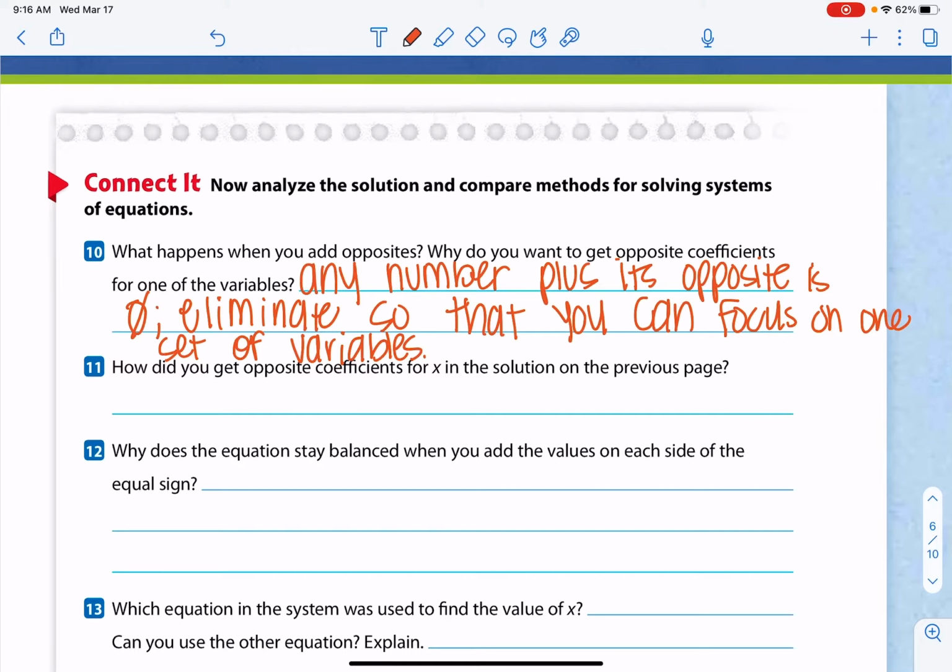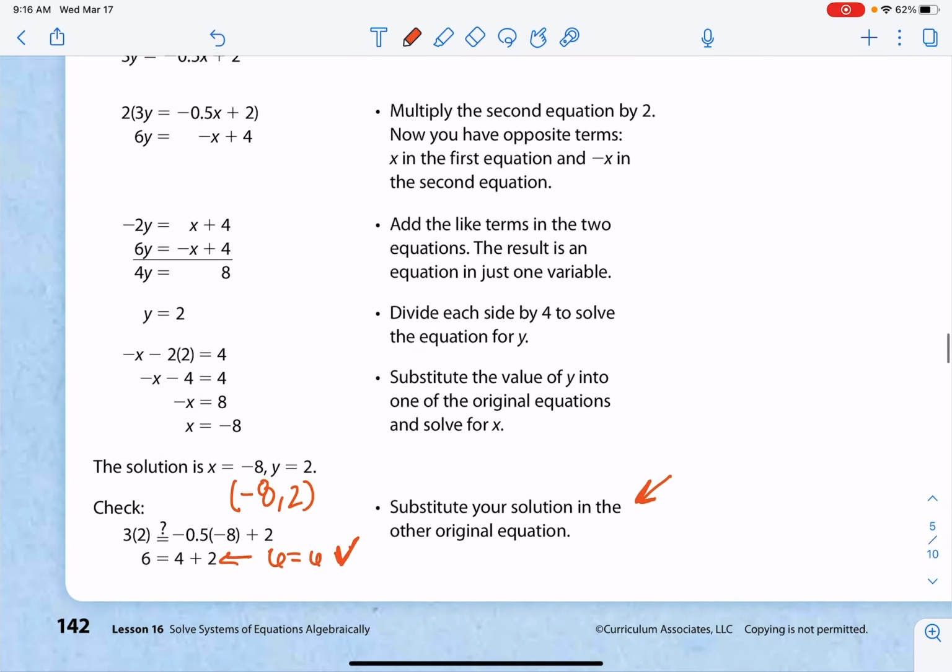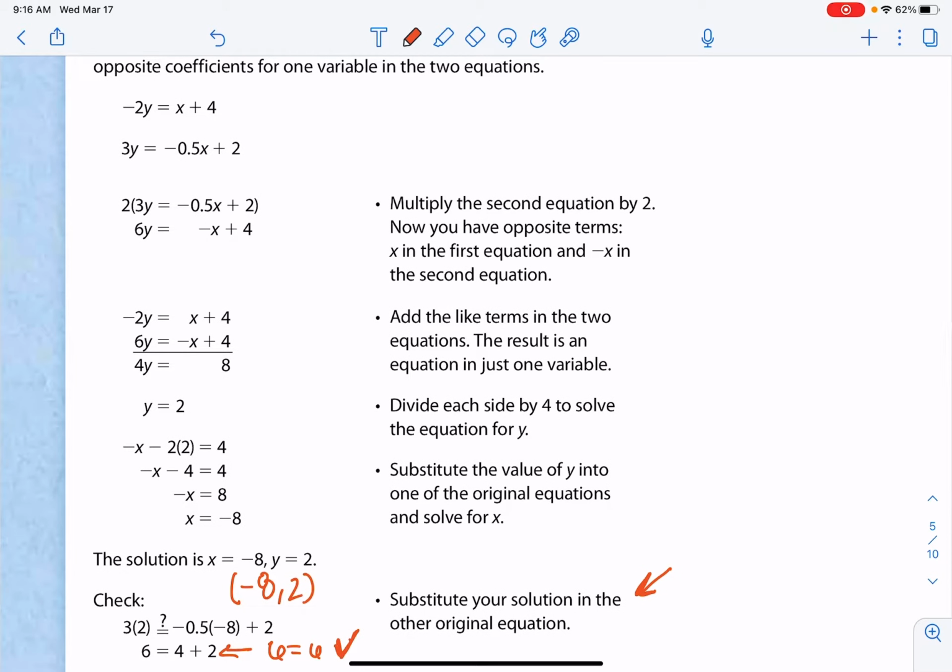How did you get opposite coefficients for x in the solution on the previous page? Well, what they did was they went ahead and they multiplied that second equation by 2 in order to form a set of opposites. When they did that, they just distributed the 2 to all the terms in that equation. And what was really important was they multiplied the 2 and the negative 0.5, because then we would have had our negative x.